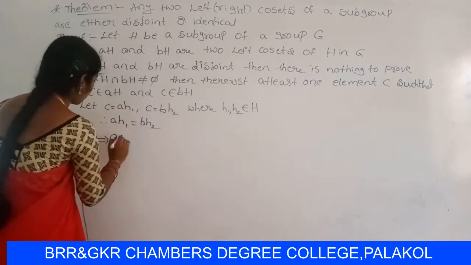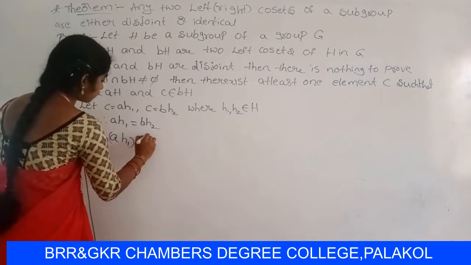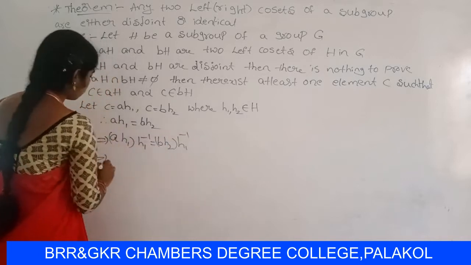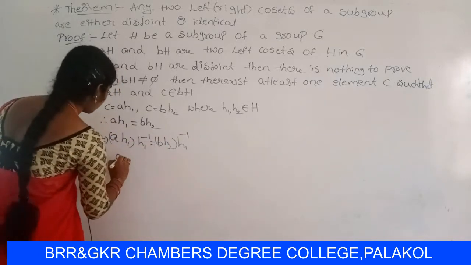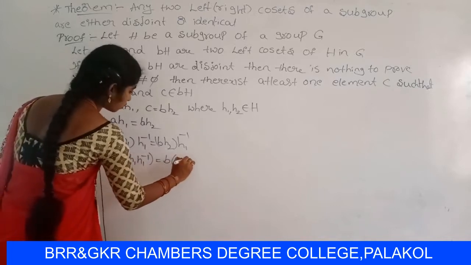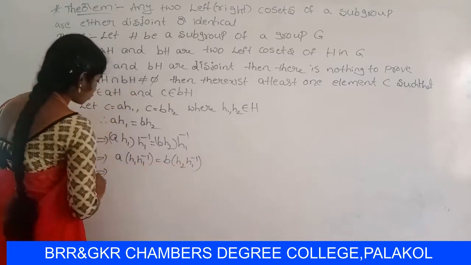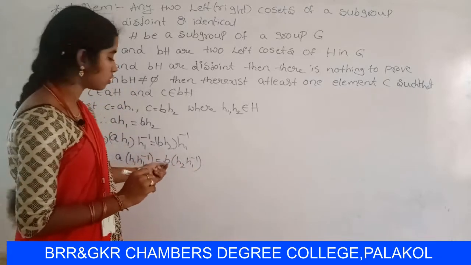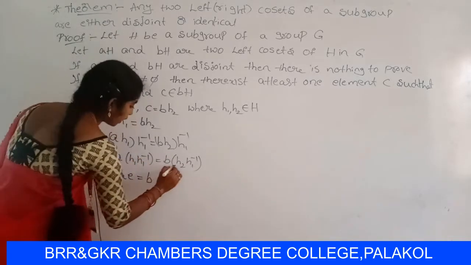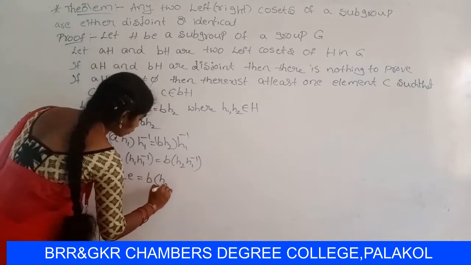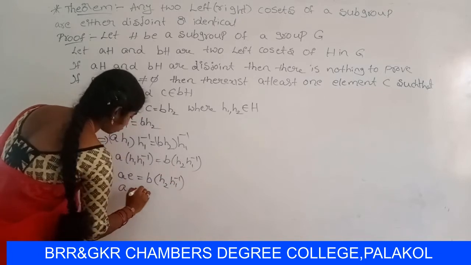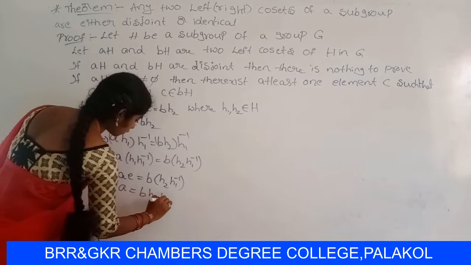That implies A H1 H1 inverse equal to B H2 H1 inverse. Changing the brackets, A (H1 H1 inverse) equal to B (H2 H1 inverse). We know H1 into H1 inverse is E, the identity element. So A E equal to B H2 H1 inverse, so A equal to B H2 H1 inverse.